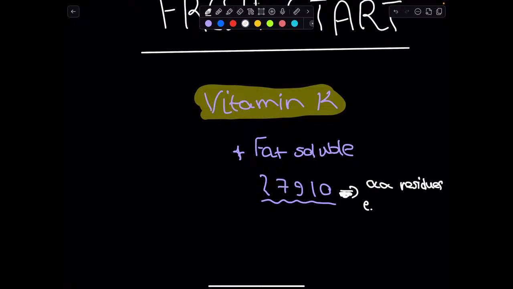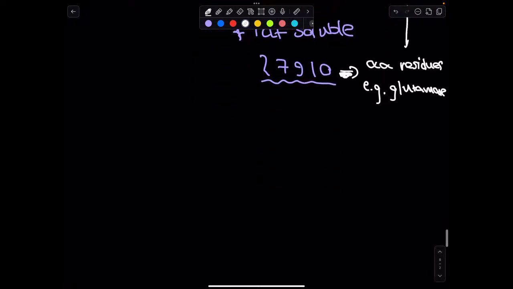This modification allows the factors to bind calcium, crucial for their function. So there's certain amino acid residues that vitamin K carboxylates, such as glutamate, and is that right? Exactly. Vitamin K adds a carboxyl group to glutamate residues, which enables the clotting factors to bind calcium effectively. So they can bind with calcium.